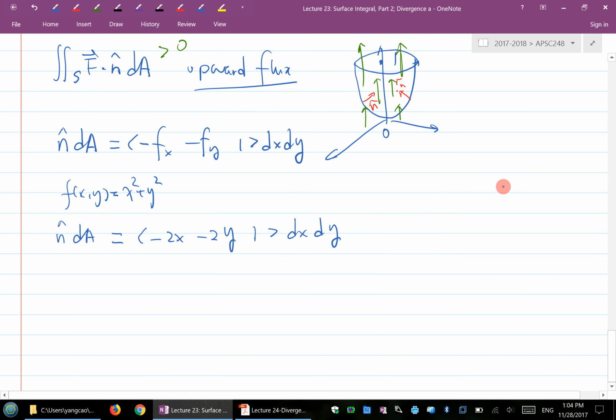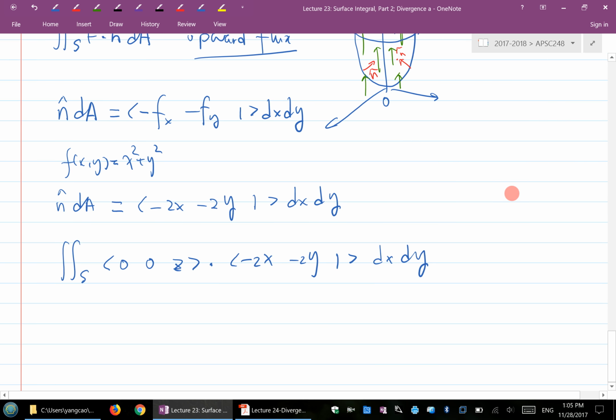Now finally we're going to replace F, which is 0, 0, z, dotted with negative 2x, negative 2y, 1, and then dx dy. Calculate this dot product, and we get just z dx dy.